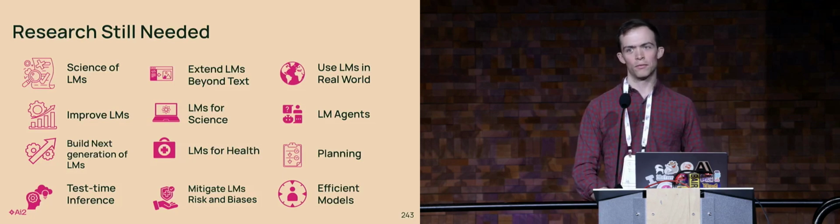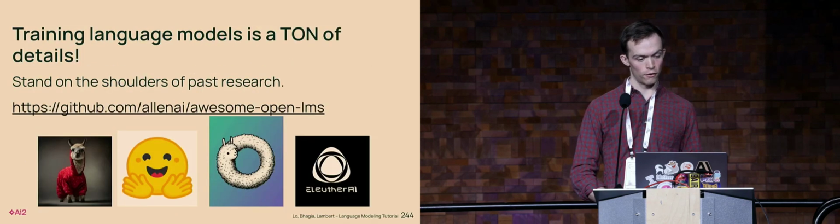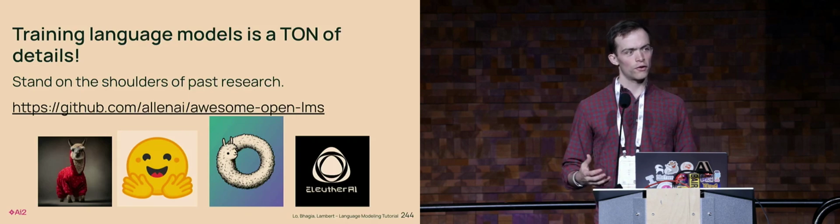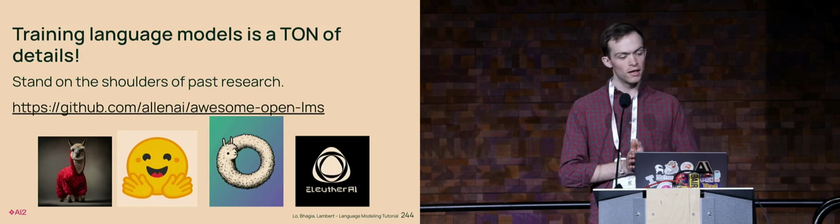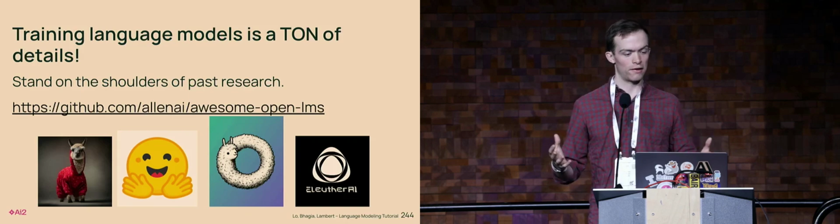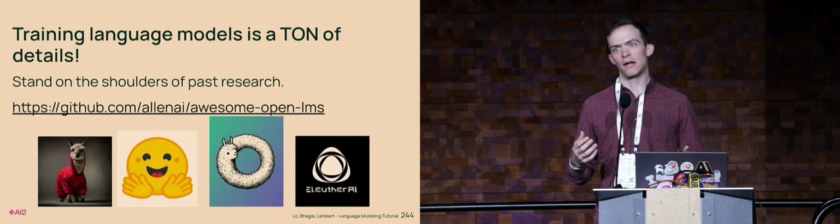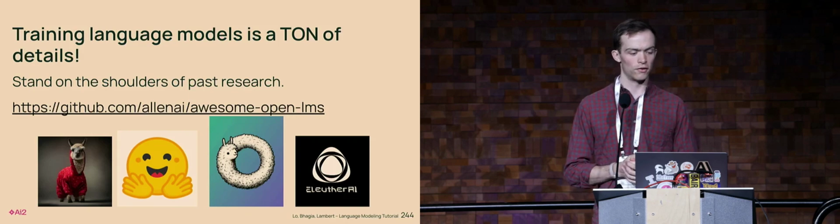A core theme of this talk is that there have been tons of details that you need to keep track of in order to do this. To do research, especially at this scale, with the amount of details and complexity that we're managing, you have to stand on the shoulders of past research, and that is a lot of how we've built the knowledge that we have in this tutorial.